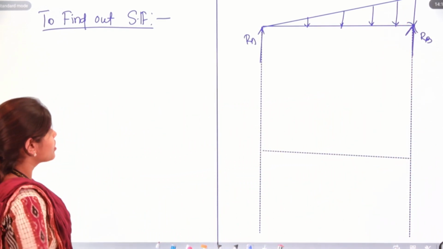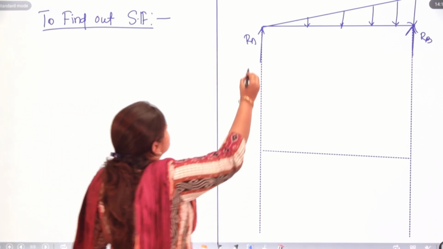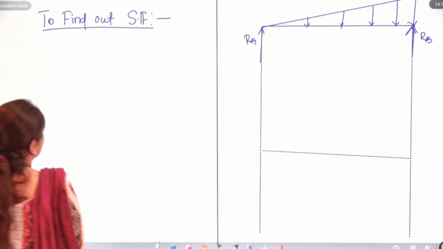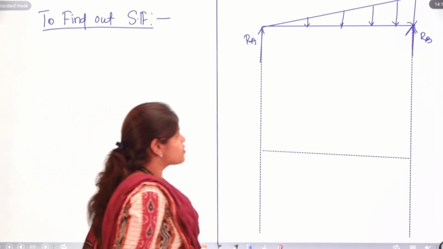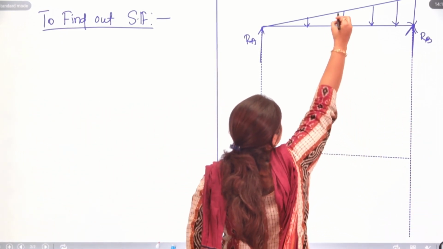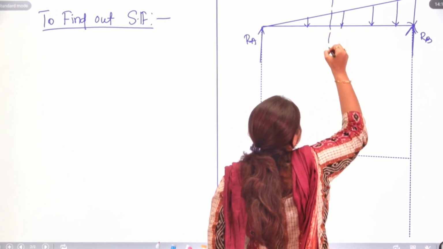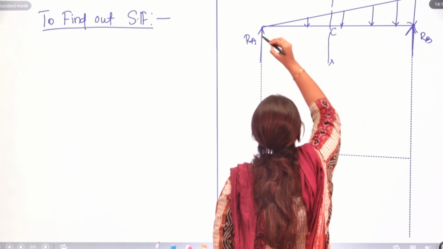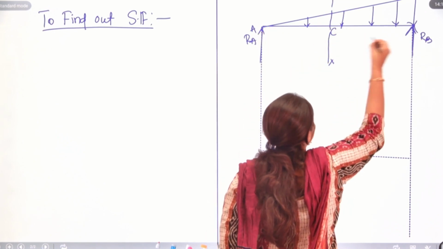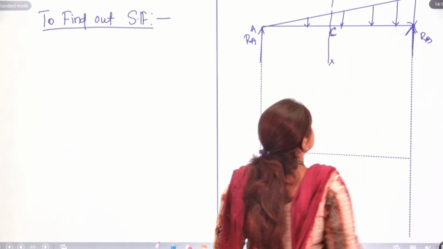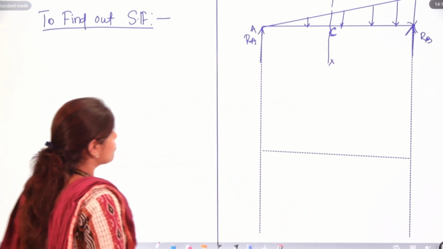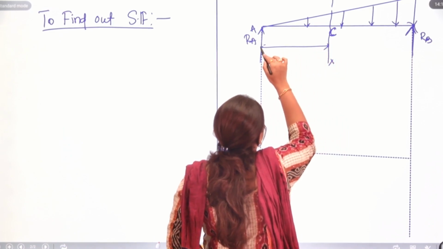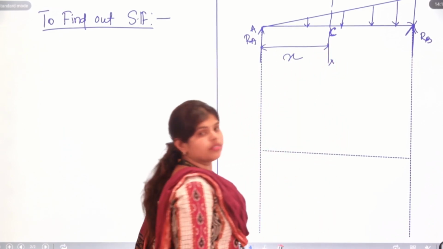Now how to calculate shear force? Before going for the calculation, we just need to cut the beam with section XX. Here, this is your A, B, and let's take this as C. And let's take this distance as X.